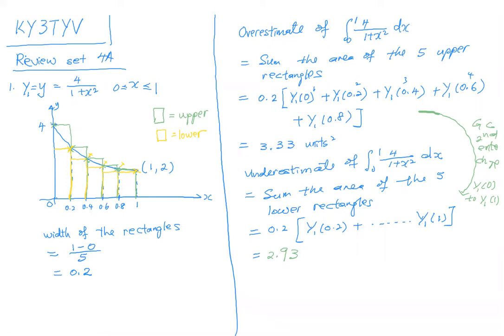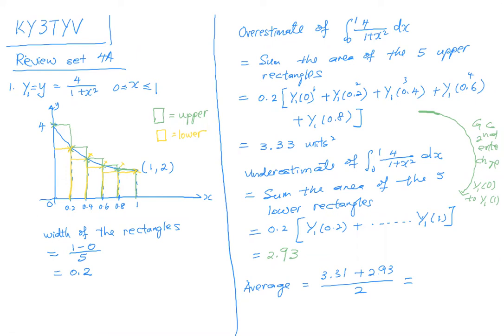So the average is 3.31 plus 2.93, then you divide by 2. What do you get? Is the value near pi?